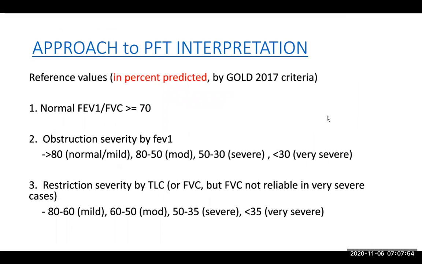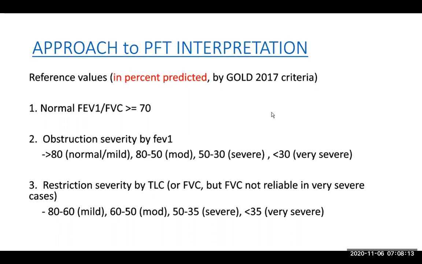So really, from a generalist perspective, an approach to interpreting PFTs involves at least locking away in your memory, and I always have to re-review these every time I look at pulmonary function tests, what's normal, so you have a sense of it when you're looking at the numbers.